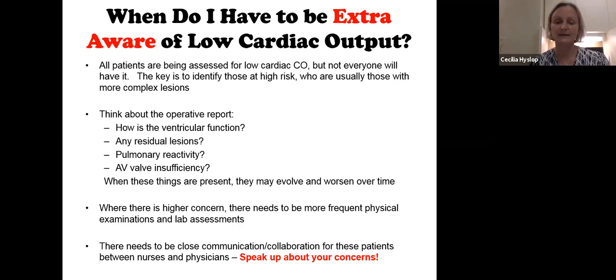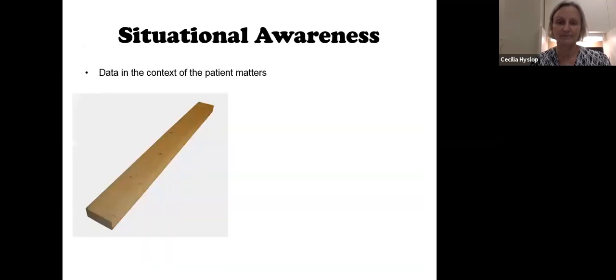And one of our main messages is that if you are concerned about a patient, always speak up. Even if it turns out to be nothing, at least you've raised awareness by the people who are going to be able to look at the big picture. And situational awareness is very important.